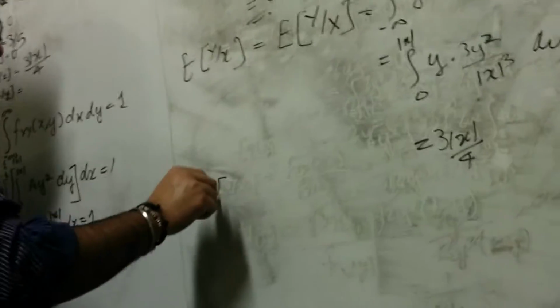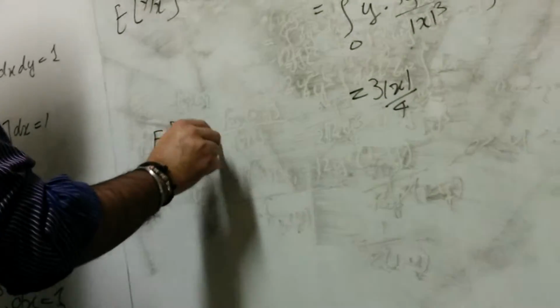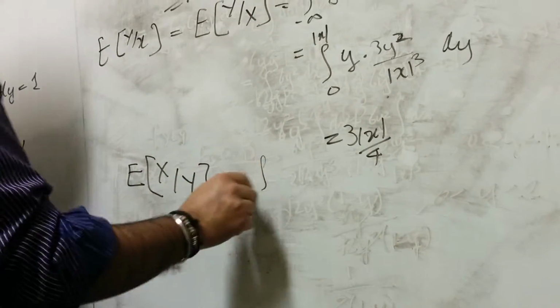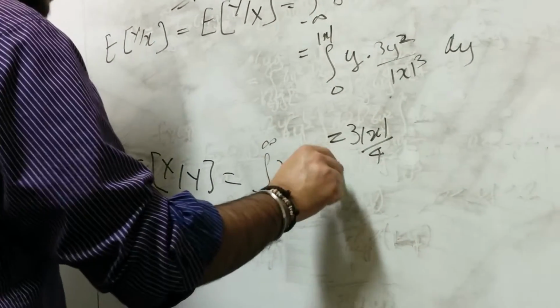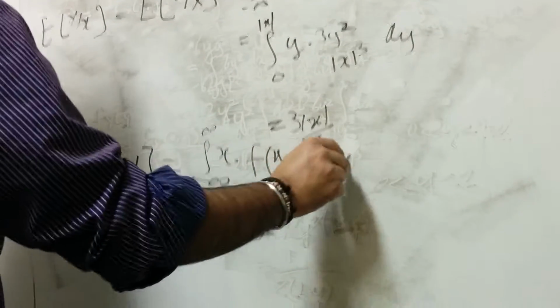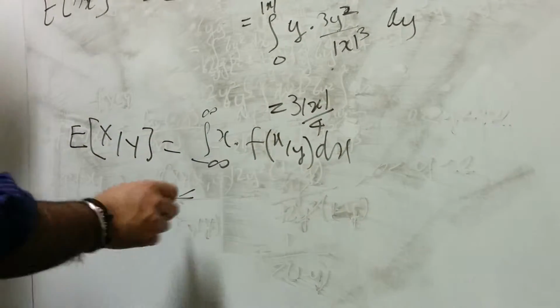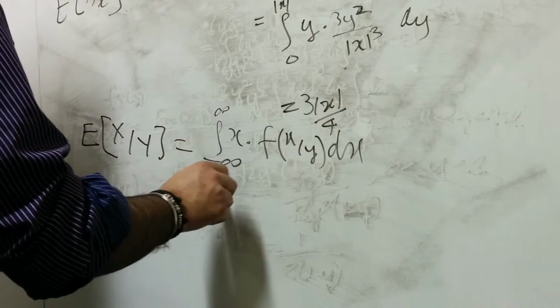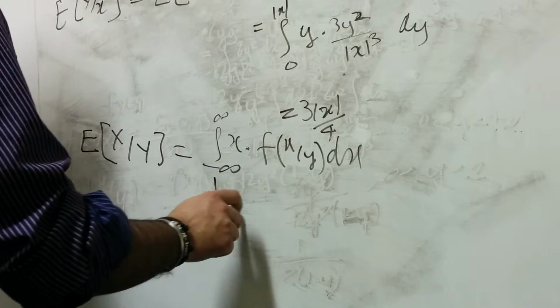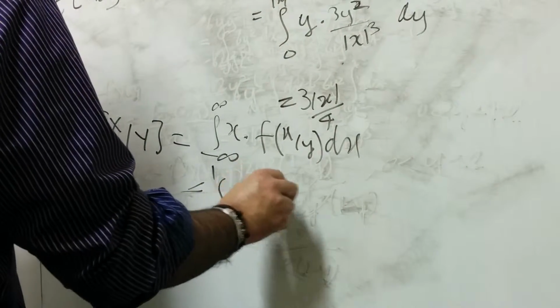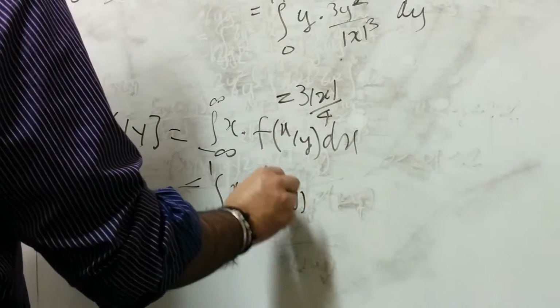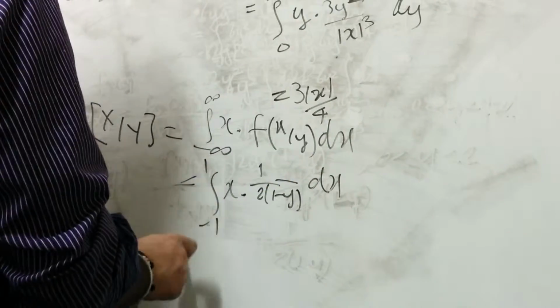Now we will find the expected value of x given y. This is again minus infinity to infinity, multiply x with the density of x given y, and integrate with respect to dx. Putting the limits, that would be -1 to 1, x into the density of x given y, which is 1 upon 2(1 - y), dx.